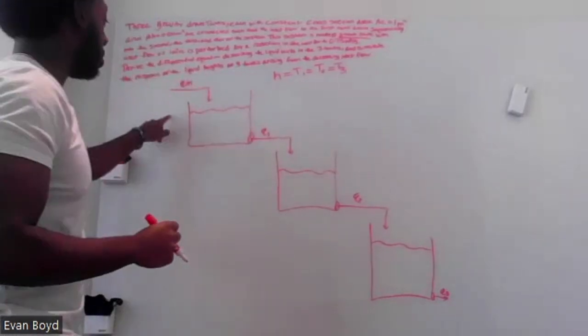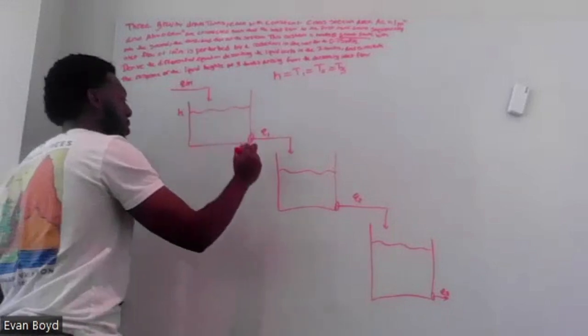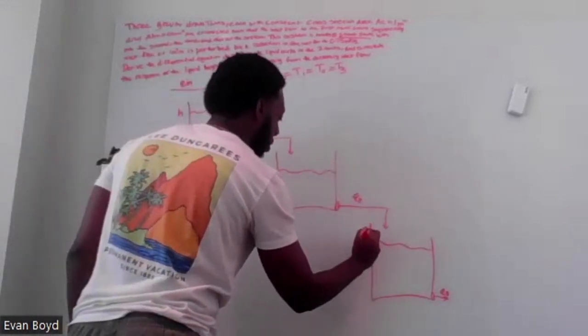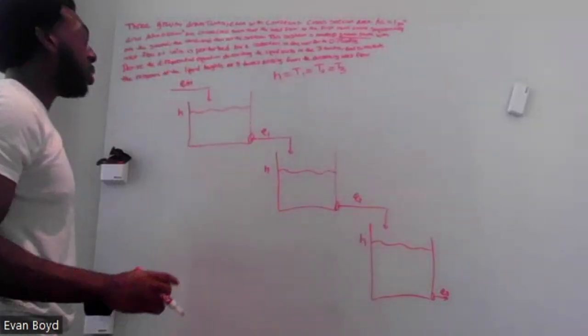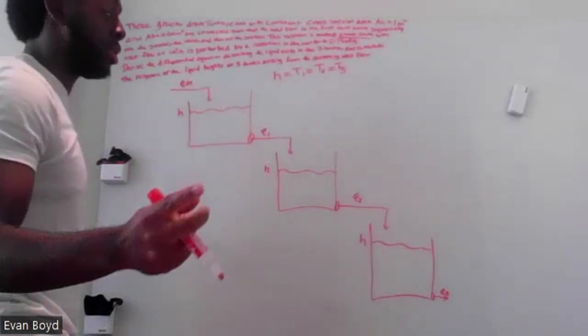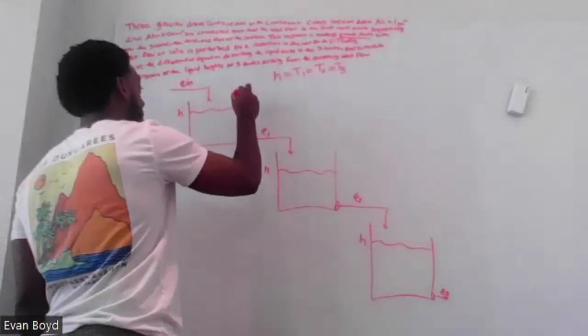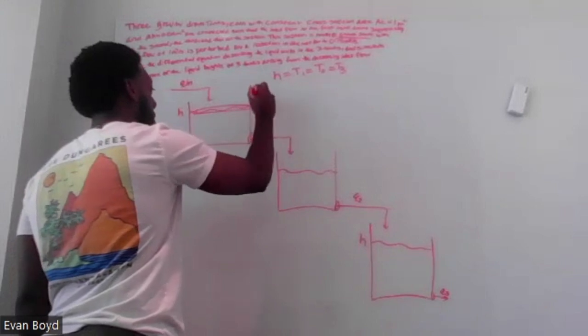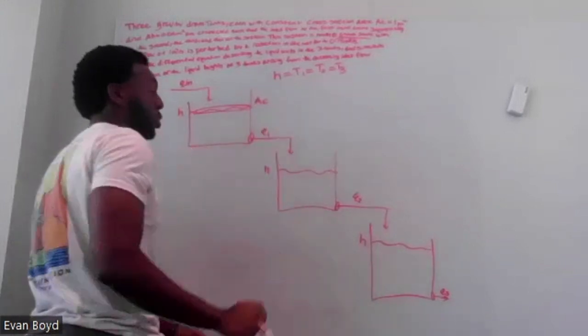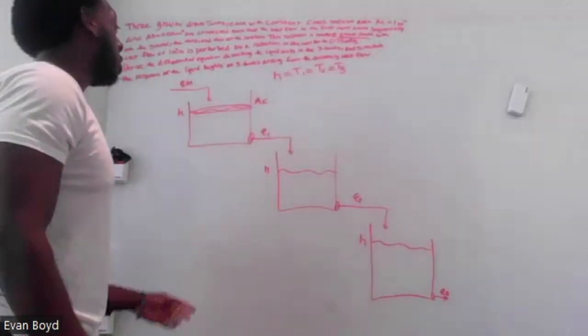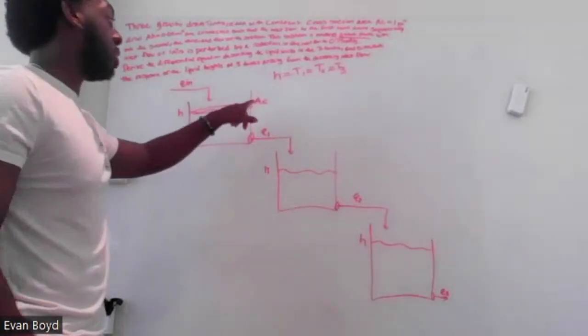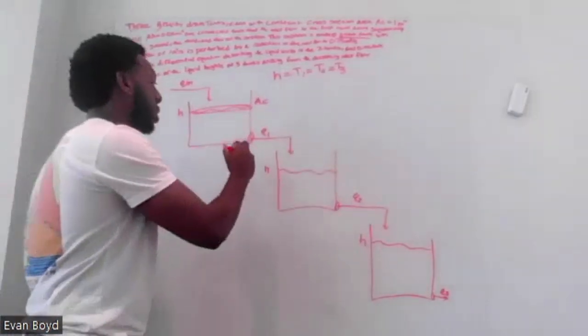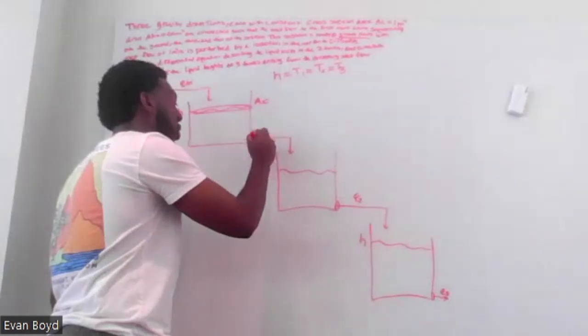So you assume all of these heights, the height level of the liquid, are equal. You can also assume the cross-sectional area of all these tanks, this right here, AC, is equal throughout all three tanks. So we know the height of the tanks, we know the cross-sectional area of these tanks, and we know also the cross-sectional area of the holes for each tank, which are also equal.